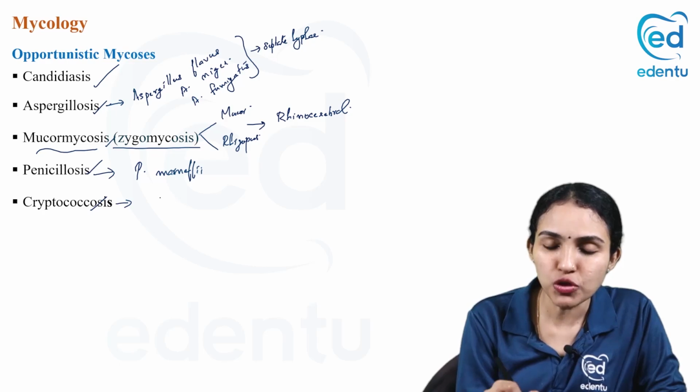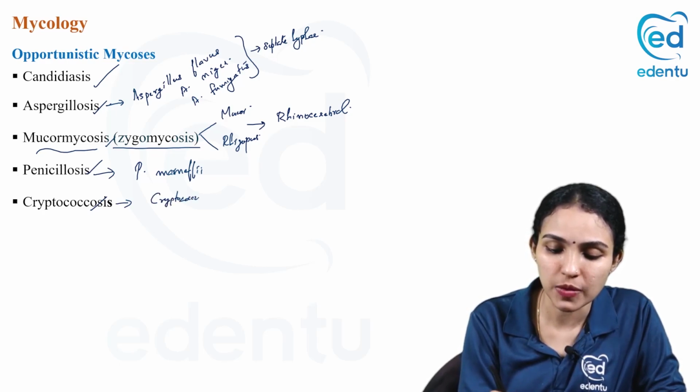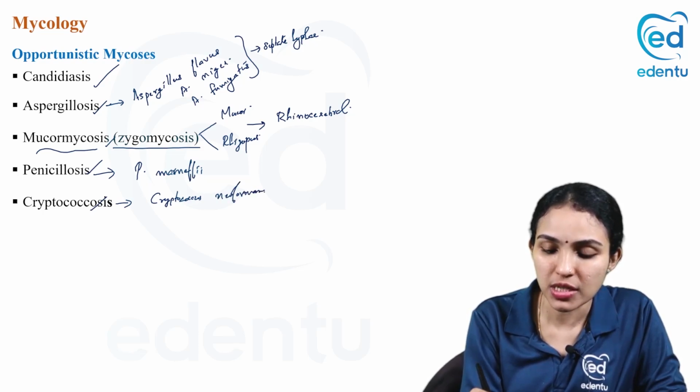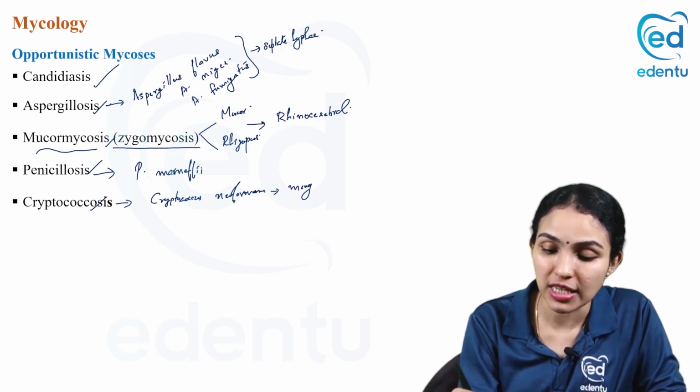The next one is cryptococcosis, which I explained in the first session, caused by the fungus Cryptococcus neoformans. This is a famous fungus which causes meningitis, usually in HIV individuals.